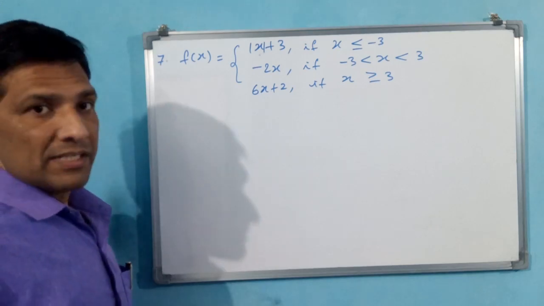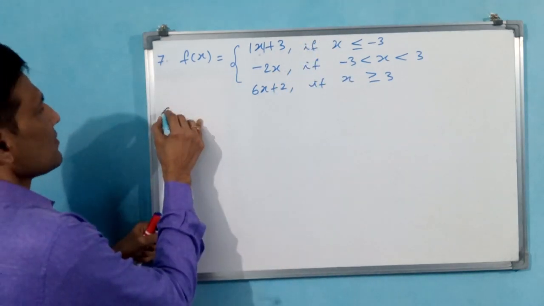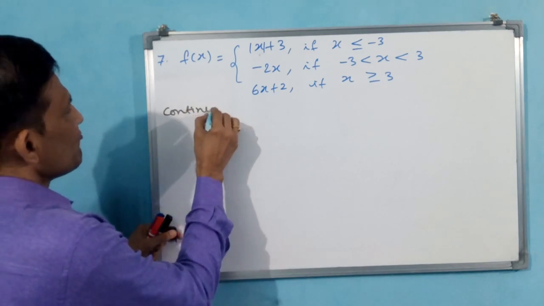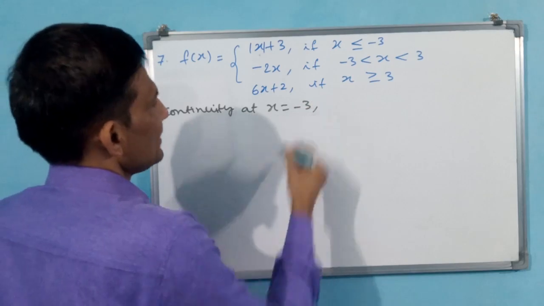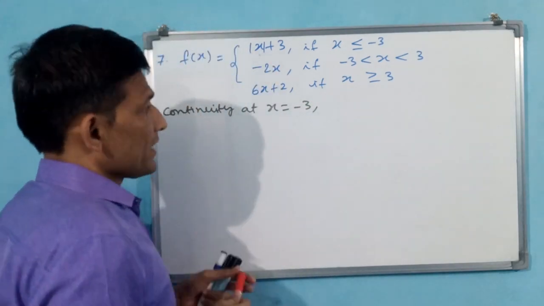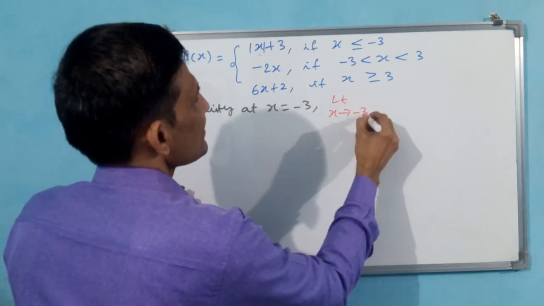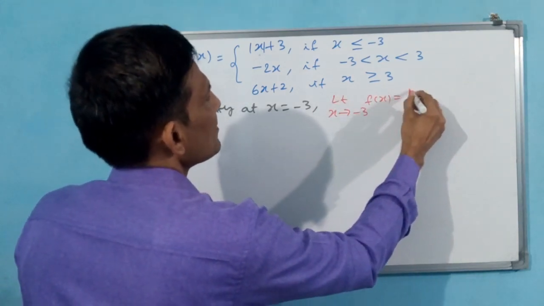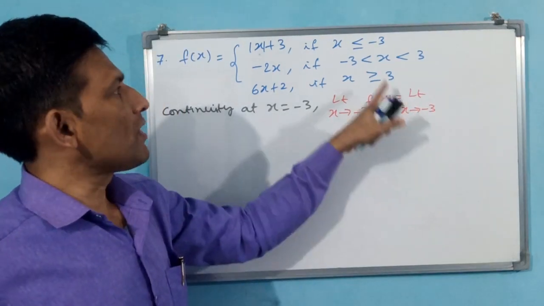Okay, first continuity at x is equal to minus 3. Write down. Continuity at x is equal to minus 3. Okay, I am writing this one. You see, at x is equal to minus 3 means what you have to write? Limit x tends to minus 3 f of x, that is equal to limit x tends to minus 3, what function can you take?